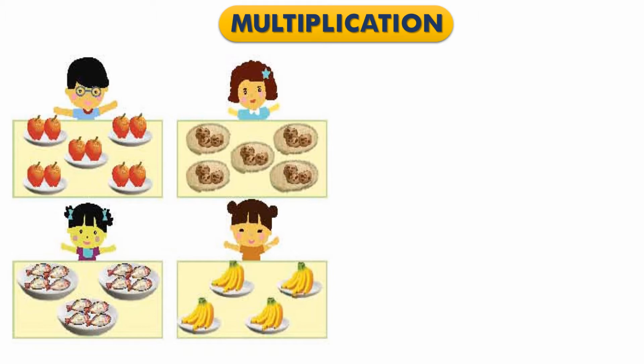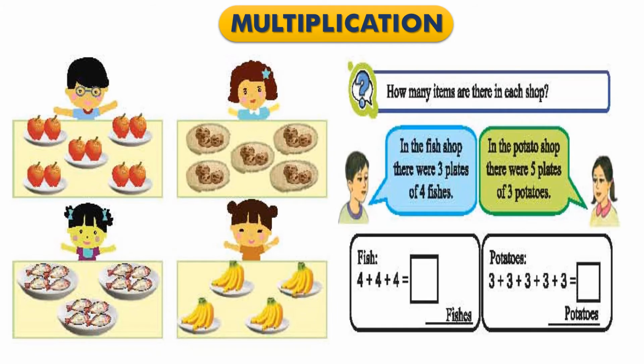Let's have a look at another picture. This picture shows how many items are there in each shop. That means the four kids have some kind of items in front of them, and we need to count how many are there. The boy says in the fish shop there were 3 plates of 4 fishes.